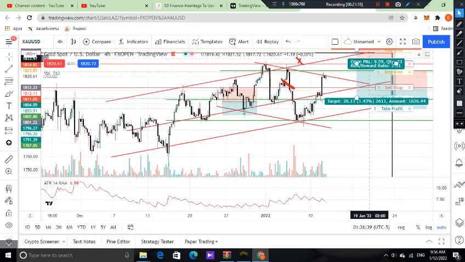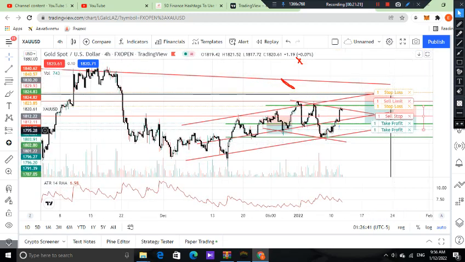Yeah, this one has a better risk to reward. We have a smaller stop loss.